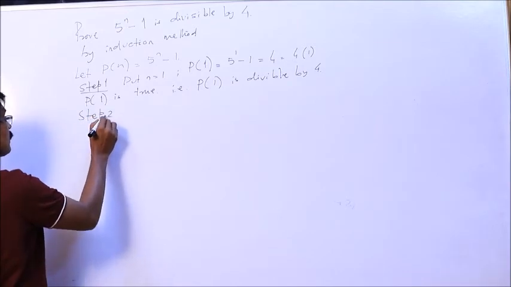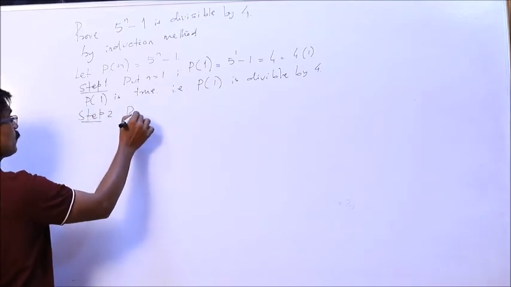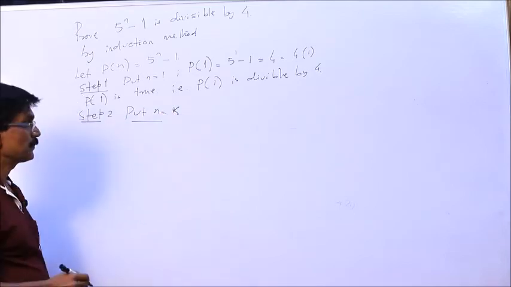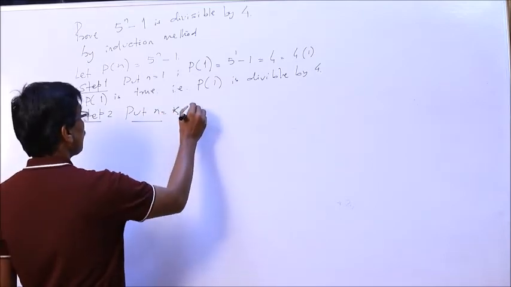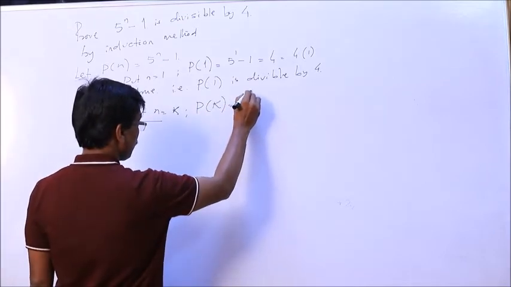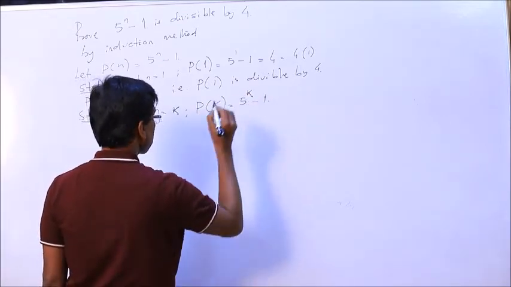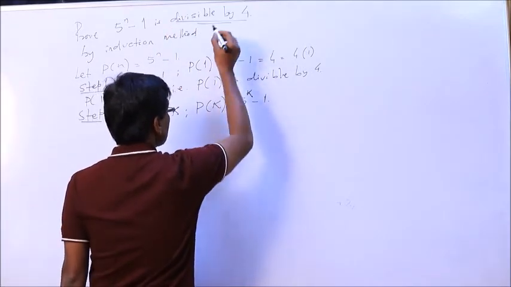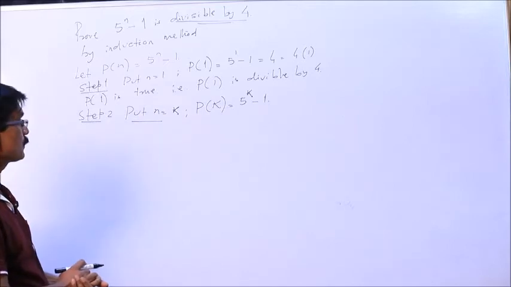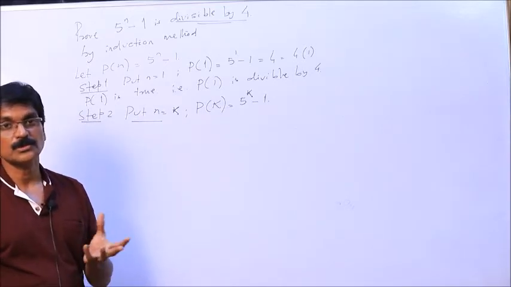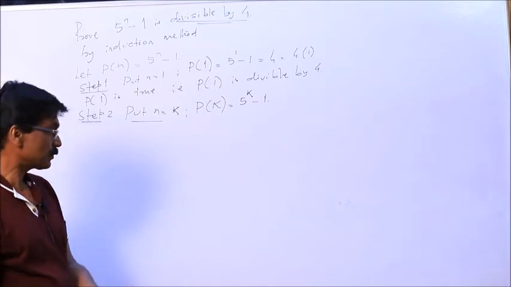Next, the second step, if we put n is equal to k, then Pk, which is 5 to the power k minus 1, is divisible by 4. Any number which is divisible by 4 is also a multiple of 4.